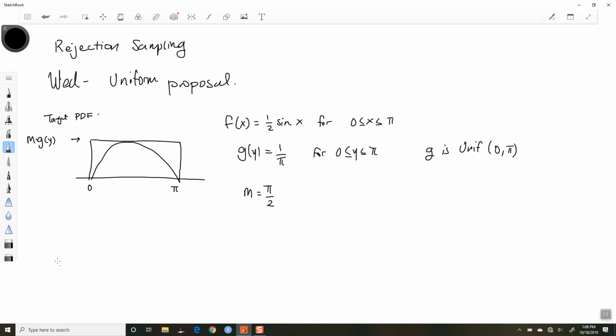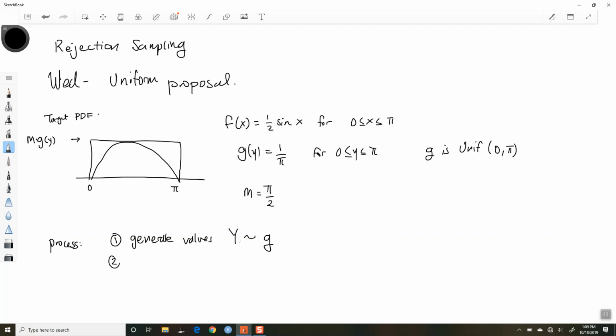All right, and the process looks like this, okay? So number one, we generate values y from g. So y is drawn from g, okay?